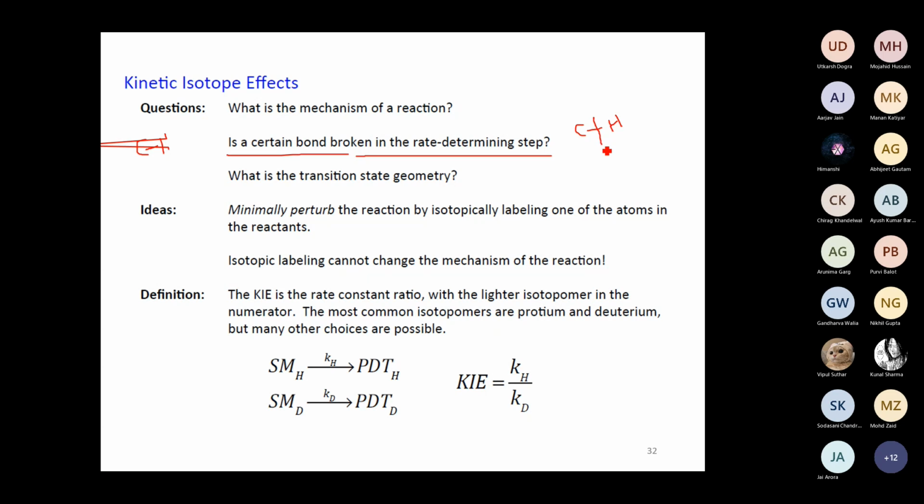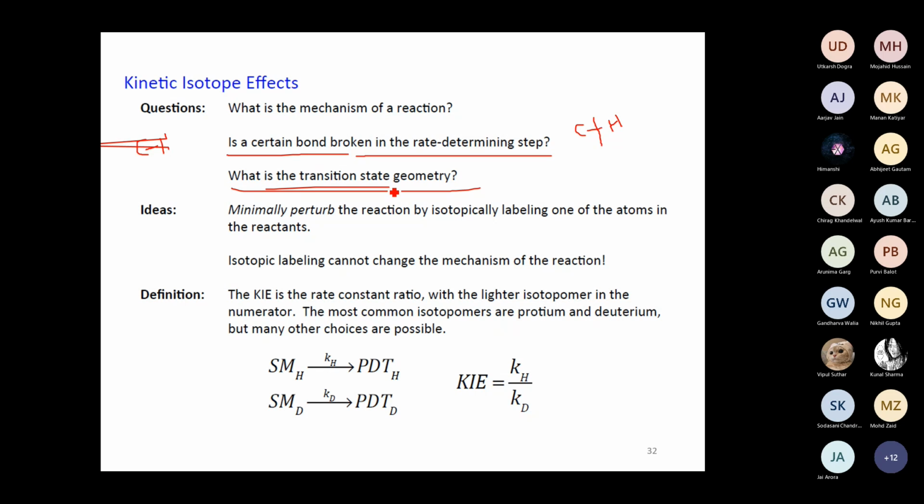The isotope effect will tell you. The kinetic isotope effect will also tell you about the transition state geometry. This is also very important. It can give a hint. No experiment can tell you with confidence, as I told. It will give you a hint that this might be the transition state geometry.